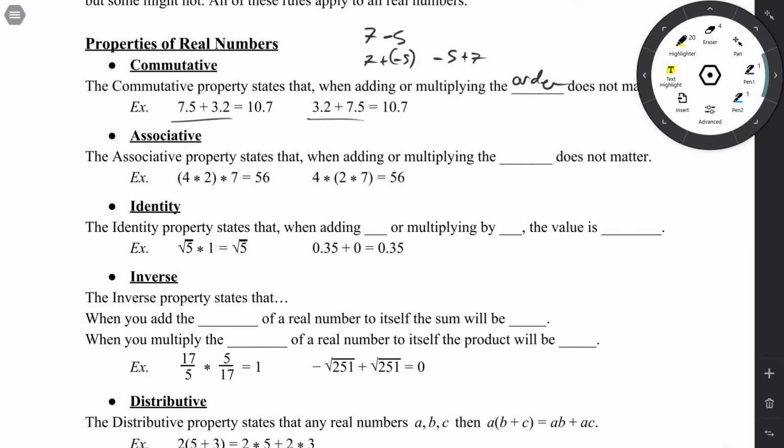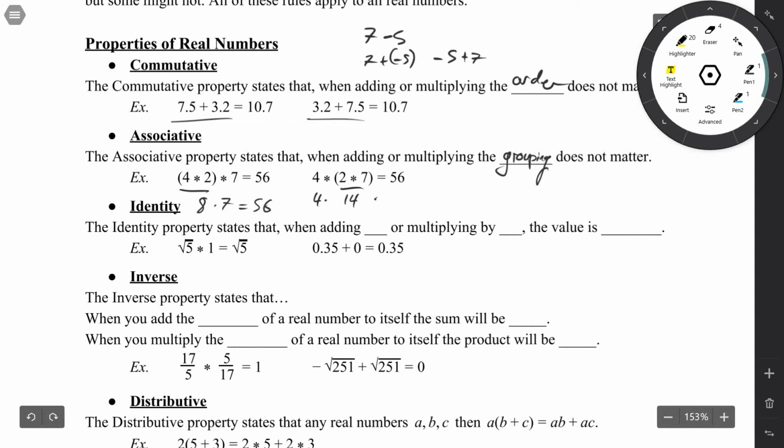The associative property is similar, but it is different. The associative property states that when adding or multiplying, the grouping does not matter. And that's what we're looking for here. If you were to group this 4 and 2 together with parentheses, you'd get 8 times 7, and that's going to equal 56. And in the same way over here, if you multiply the 2 and the 7 together first, you get 14.